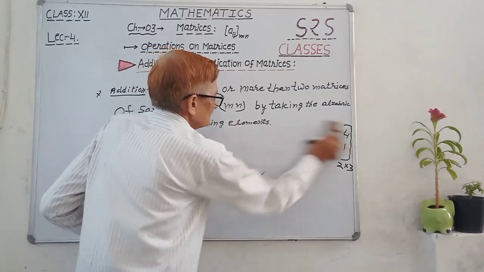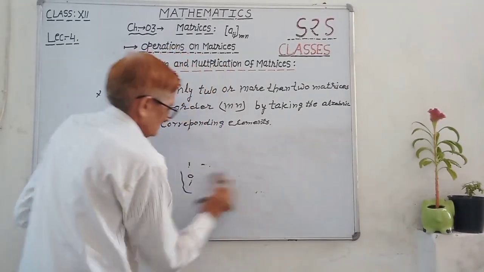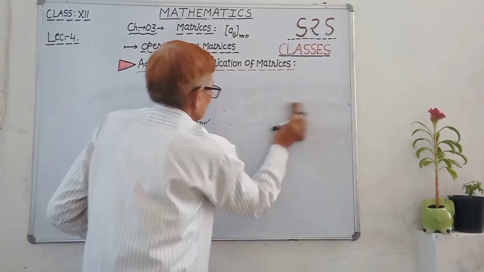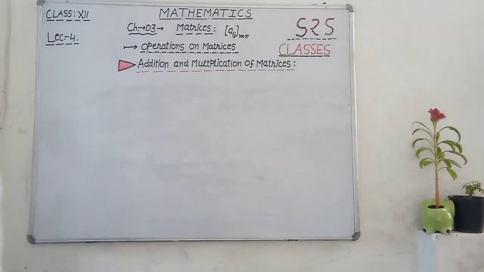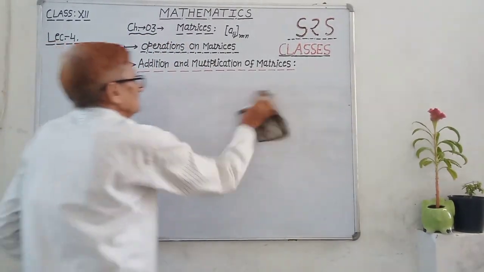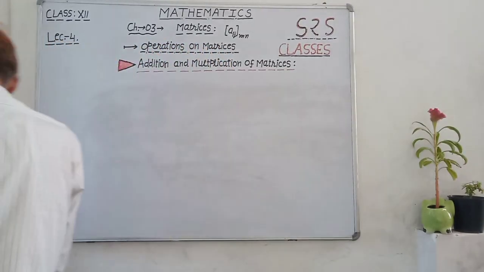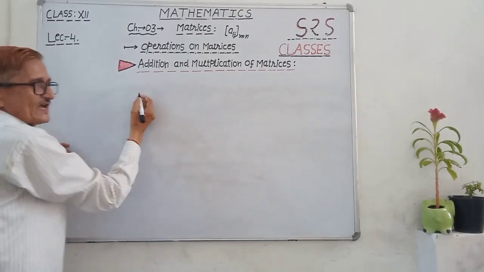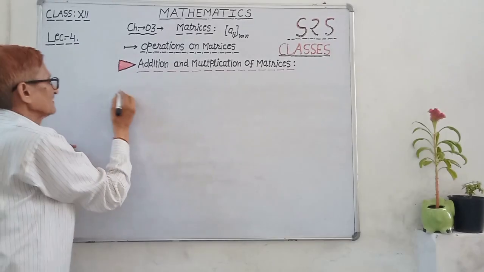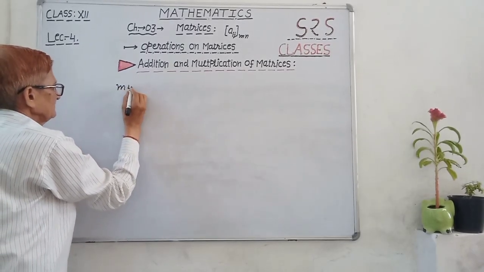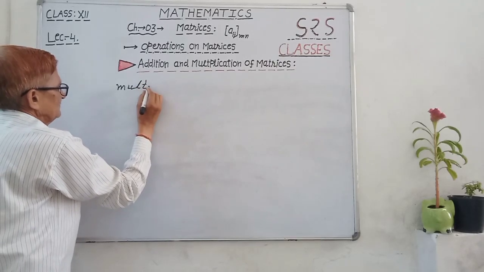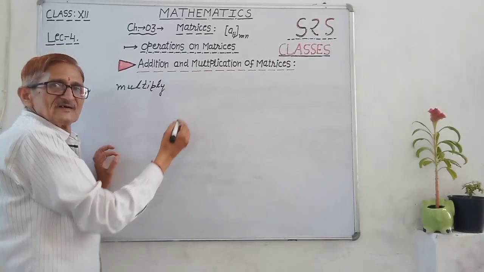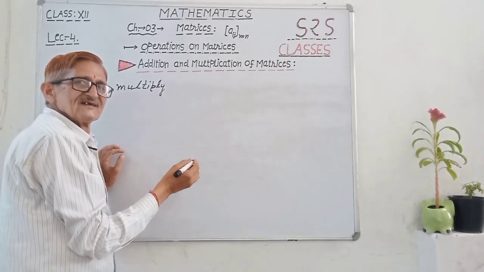Now after this addition, multiplication and then property. Okay, now multiplication.